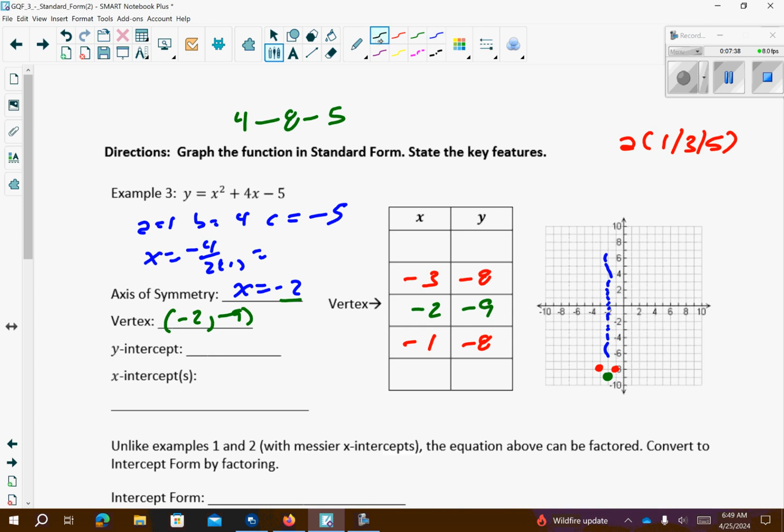And then we're going to go up 3. So right 1 up 3, left 1 up 3. So that's going to give me 0, -5, and that's also going to give me -4, -5.